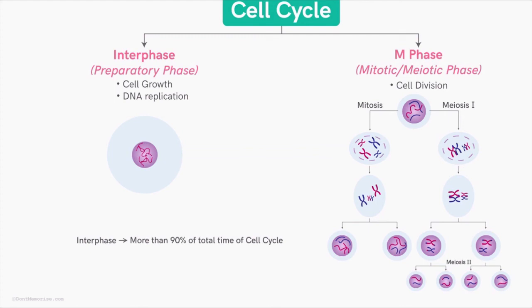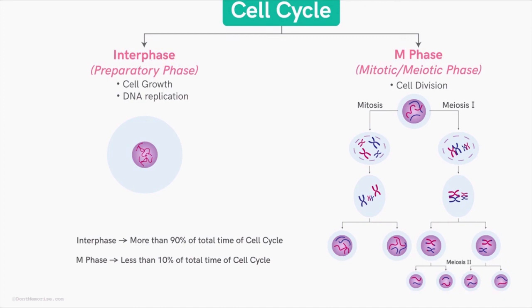And only the remaining less than 10% of the time is needed for the M phase to get the new cells formed. So all the important functions like growth, duplication of genetic material, synthesis of newer compounds and organelles, all of these are carried out in the interphase.